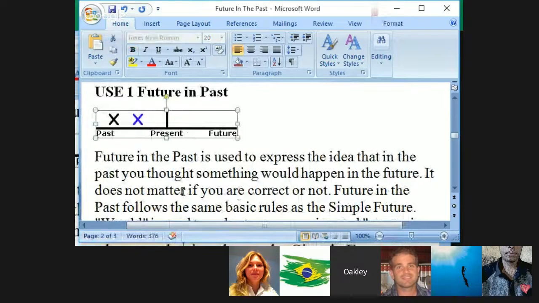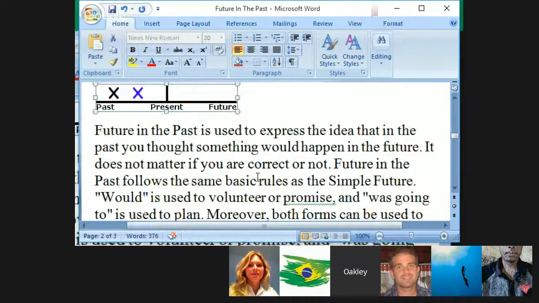Okay. Notice the diagram here. Okay, future in the past is used to express the idea that in the past you thought something would happen in the future. That's the idea. So often using I knew you would, I thought you would, maybe I wanted you to, I wished you would. Those are the more complicated variations.